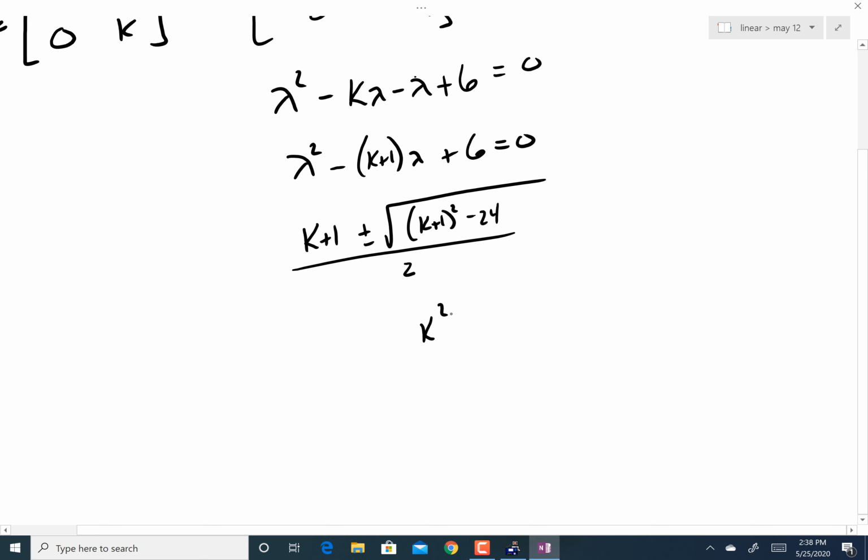And so that's going to be K squared plus 2K plus 1 minus 4K, which has to be bigger than or equal to 0. I think. Sound right to you? I think so.